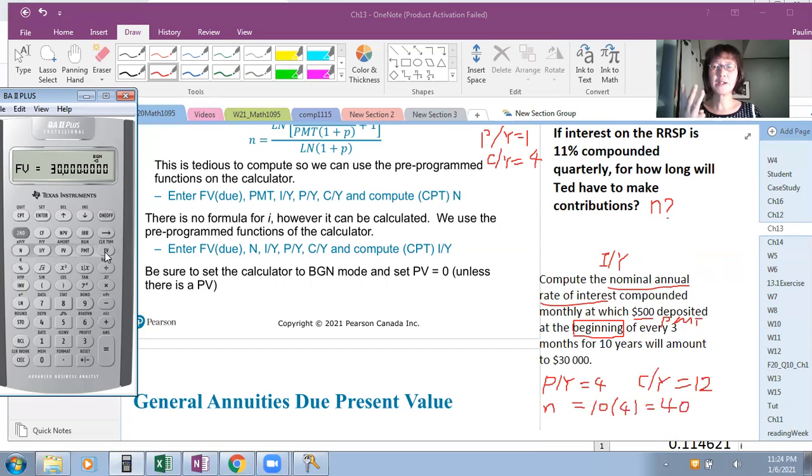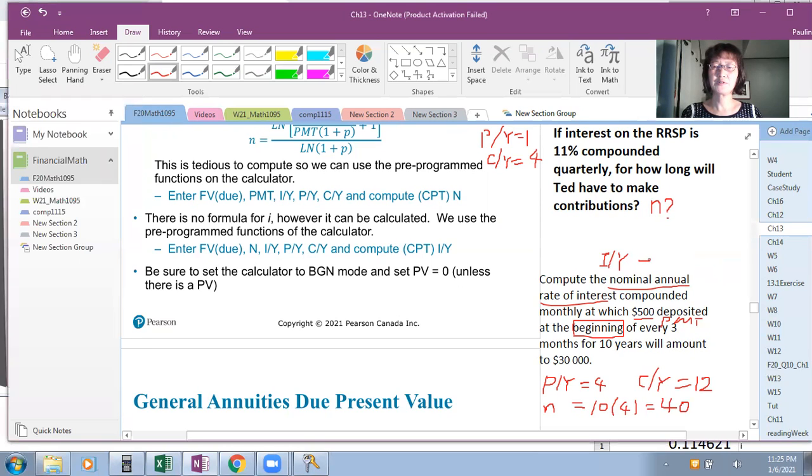We entered 3 numbers. We need to enter 4 numbers. So 0 is PV. Then compute I/Y. And you get 7.4845%.